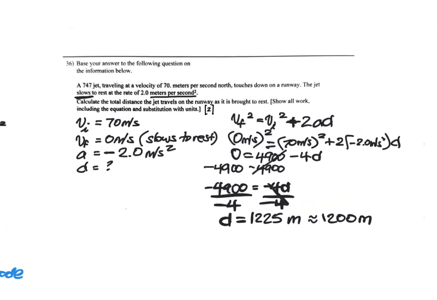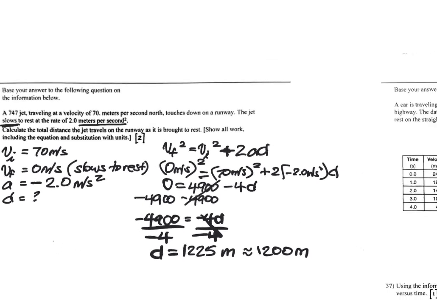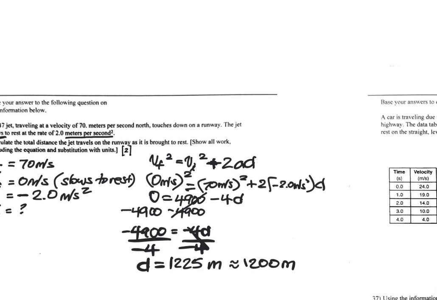Notice I listed everything with their units. I wrote the full equation here. Notice my full equation, and then my unit substitution in the next line: meters per second, meters per second, meters per second squared, right?